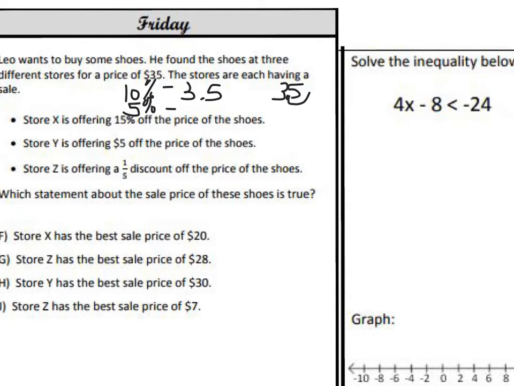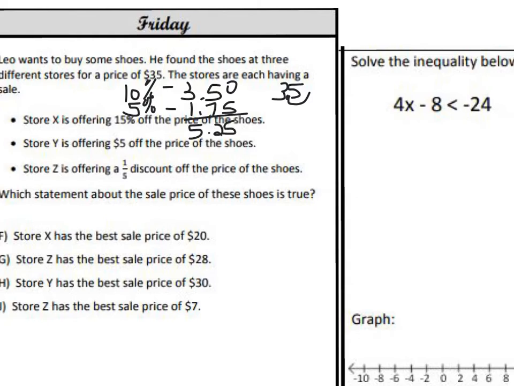What's half of 50? 25. So 1.5 plus 25 cents, it'll be 1.75, right? Okay, so now that we know those discounts, then we need to subtract it from 35. So 3.50 plus 1.75 is going to give you 5.25, right?